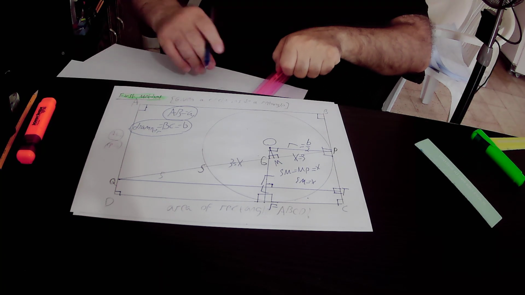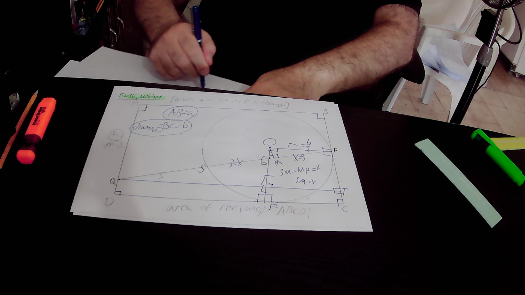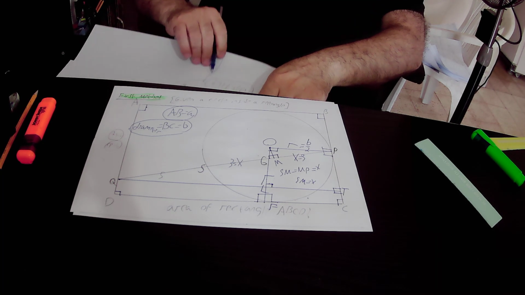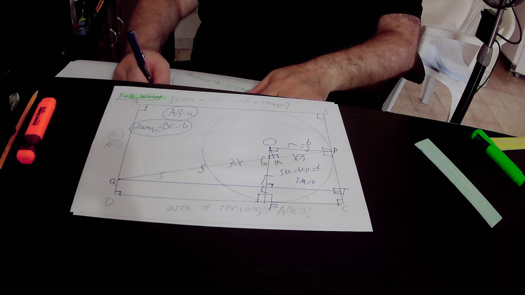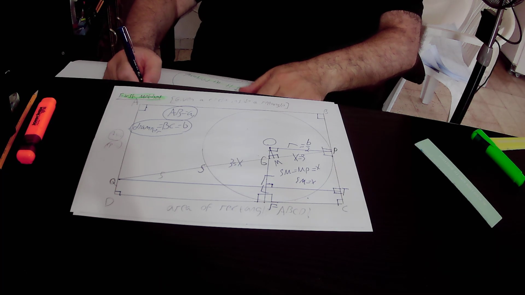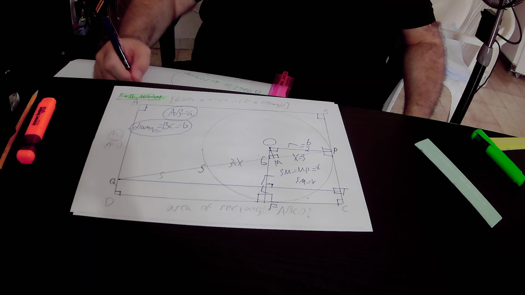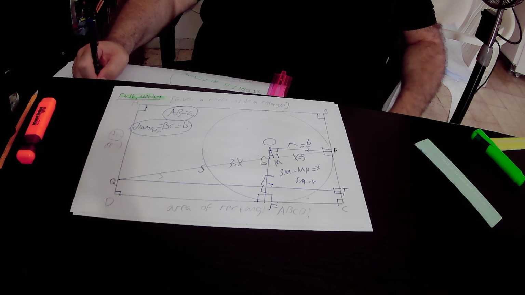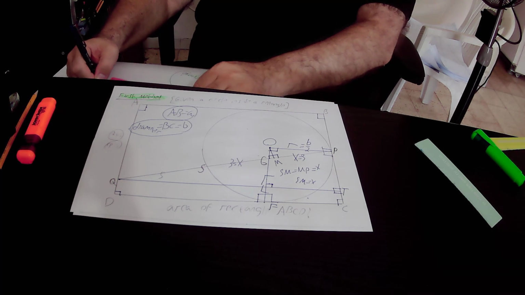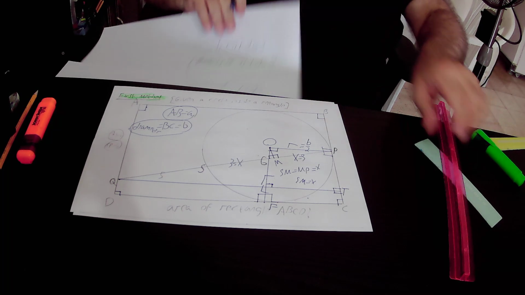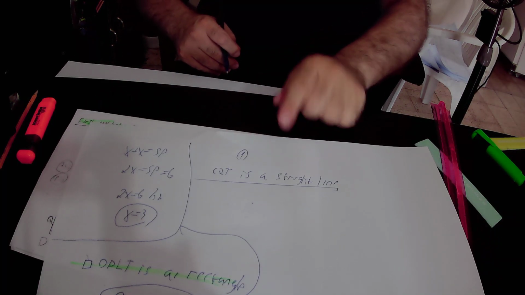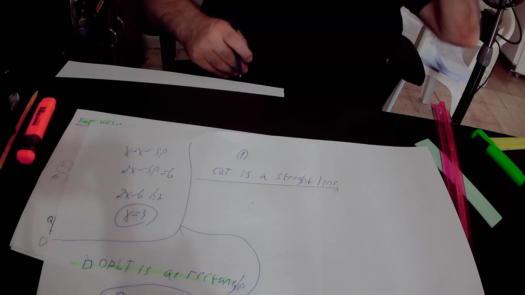So I write it down: QT is a perpendicular, therefore it is a straight line.